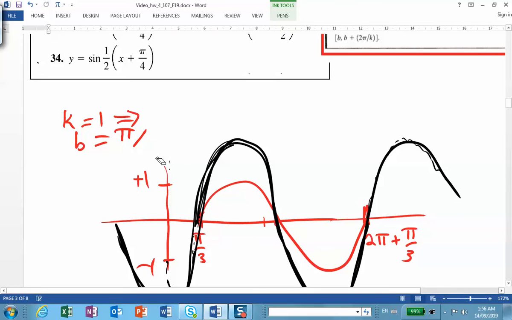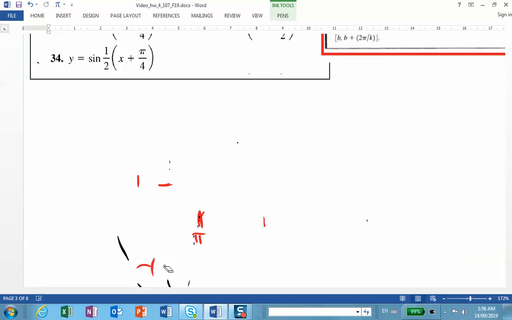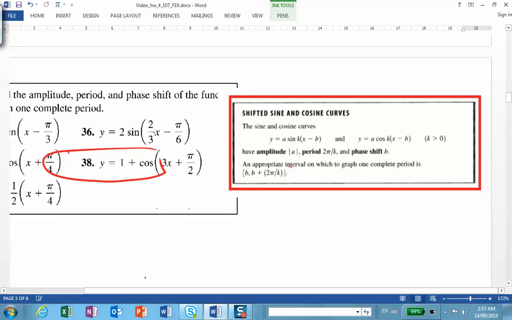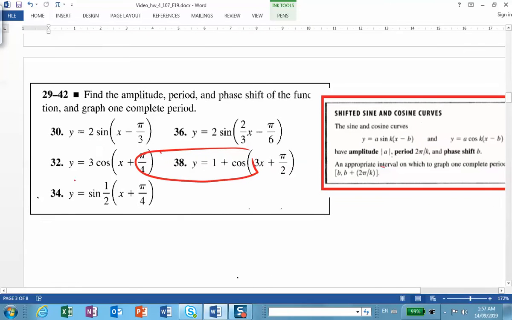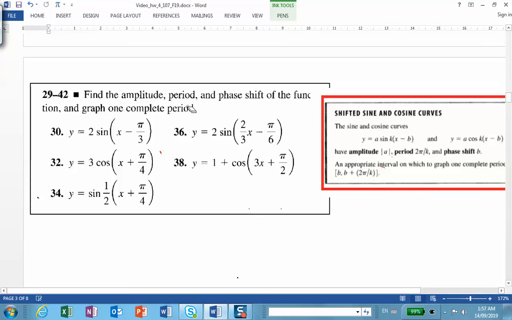I don't want to make a screeching noise there, so let's get rid of all of this. Okay, so what are we doing? This is our problem. This one. Alright.